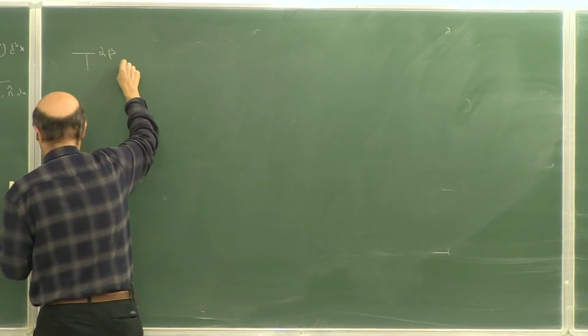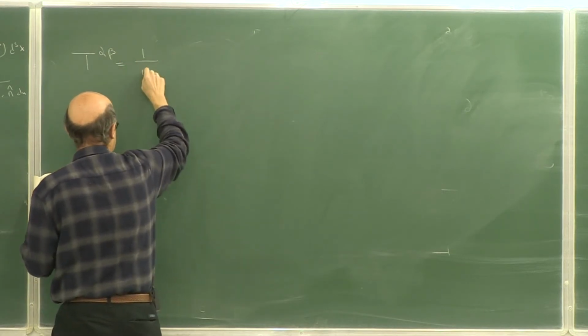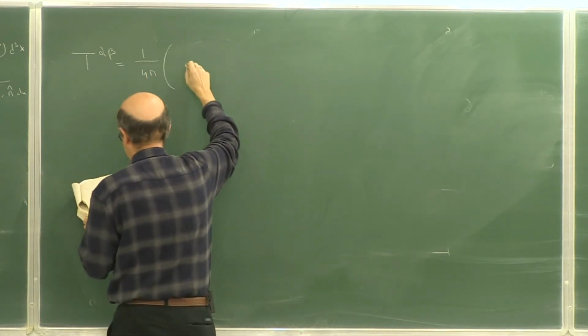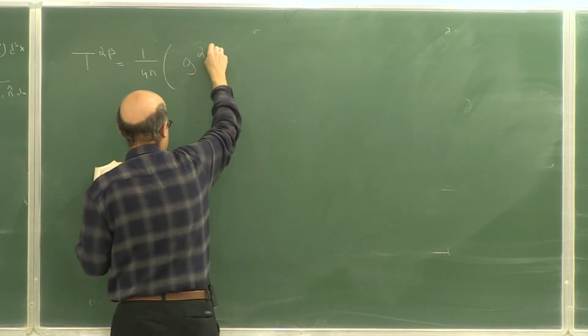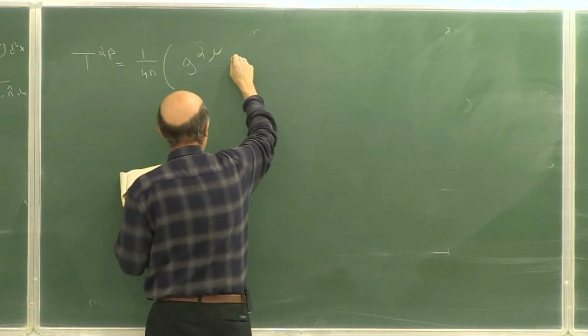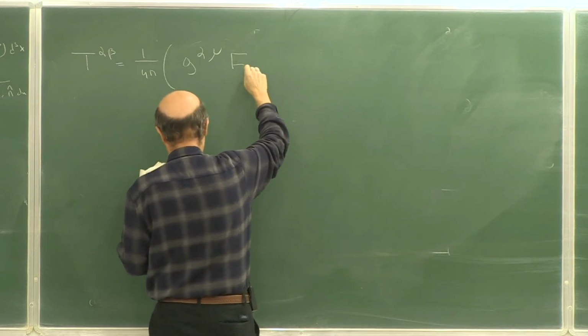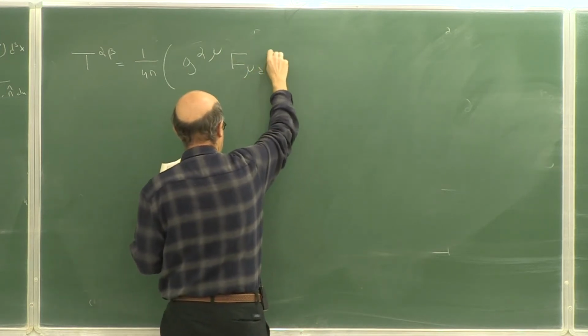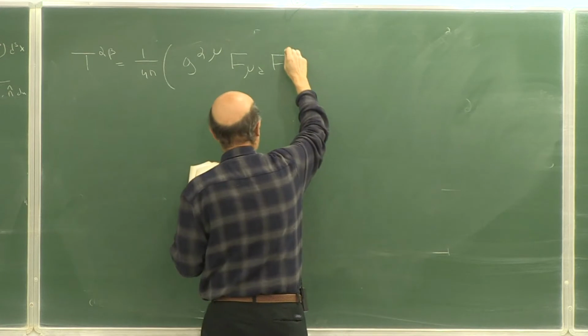T^{αβ} will be 1 over 4π g_{λμ} F^{αμ} F^{λβ}.